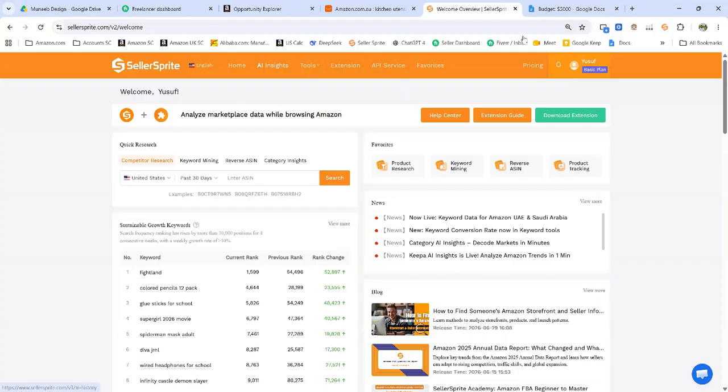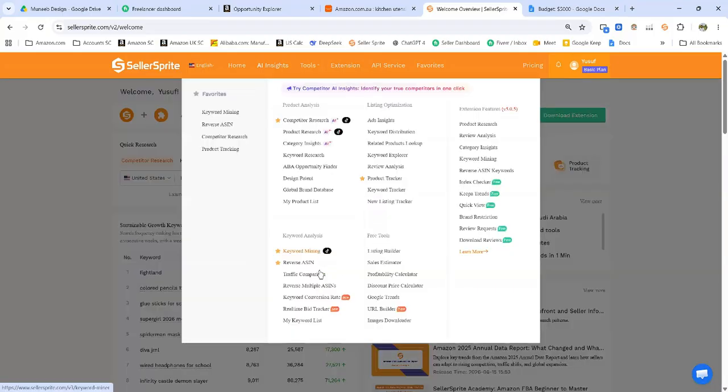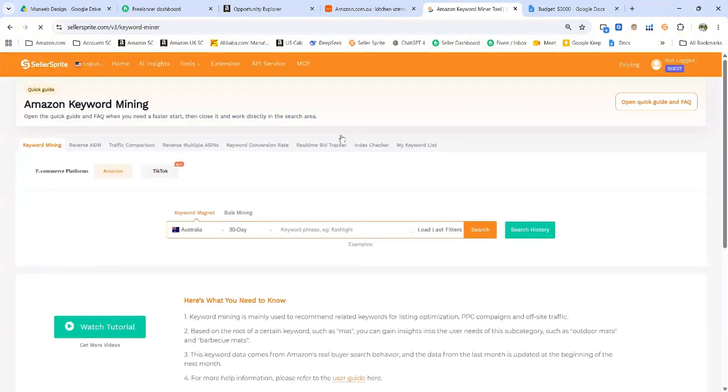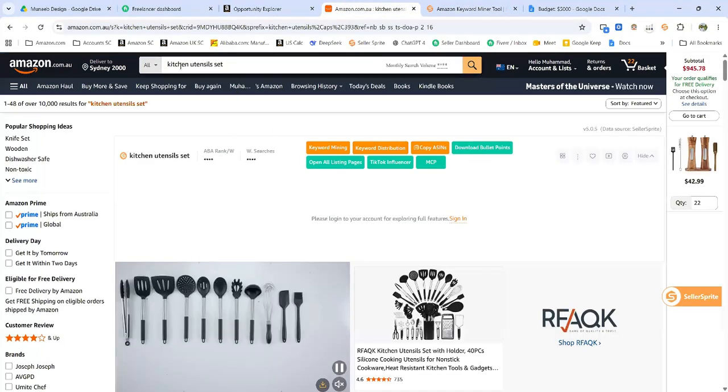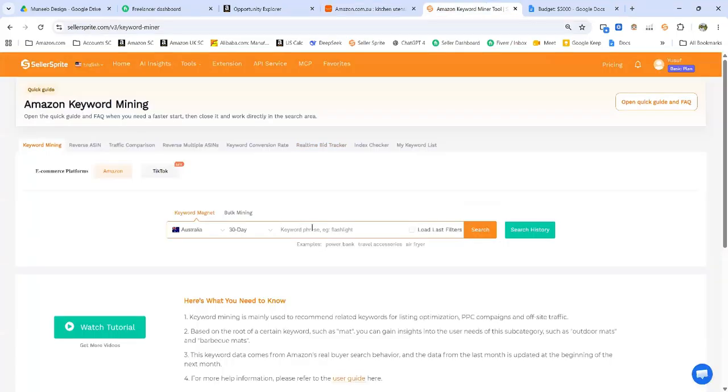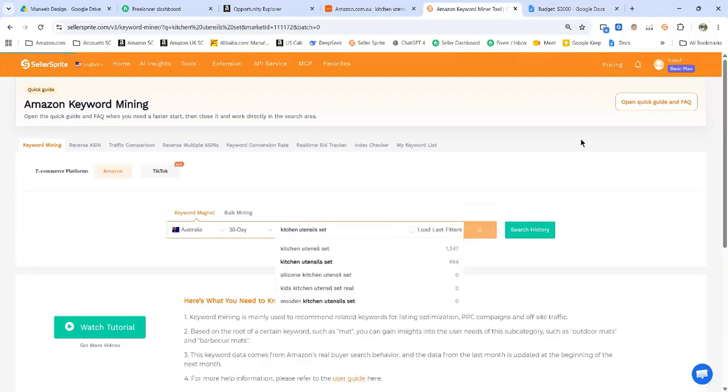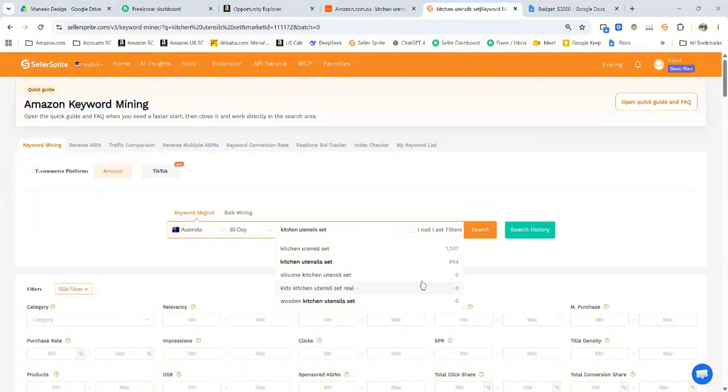This is about keyword research. So we can do keyword research using keyword mining, and we can do keyword research using reverse ASIN as well. In this case, let's use keyword mining. What keyword mining does is we just give it one keyword and it gives us all the relevant keywords that are related to that keyword.